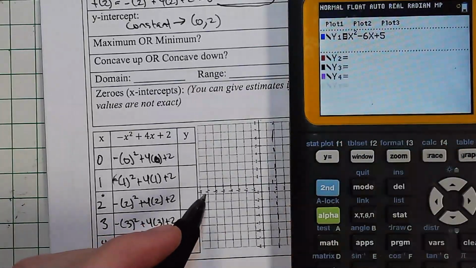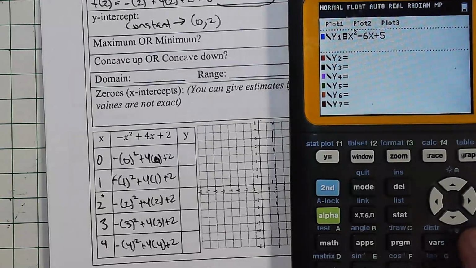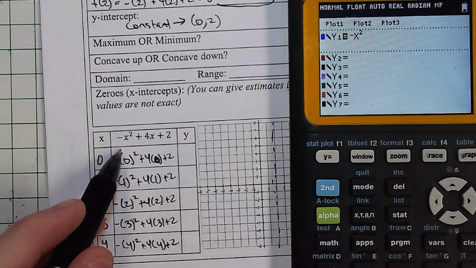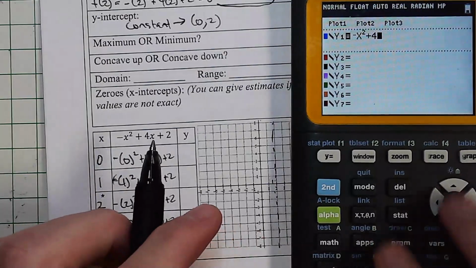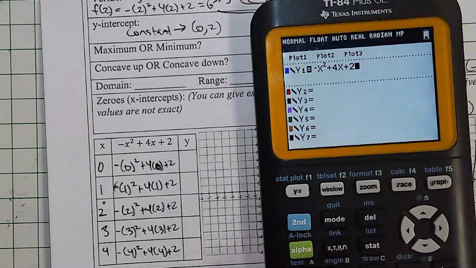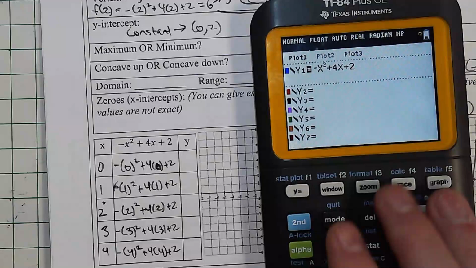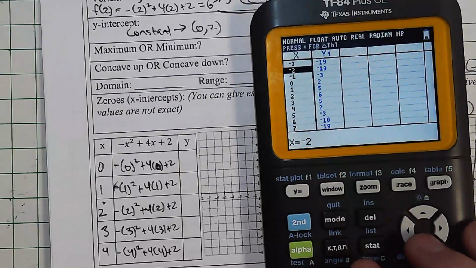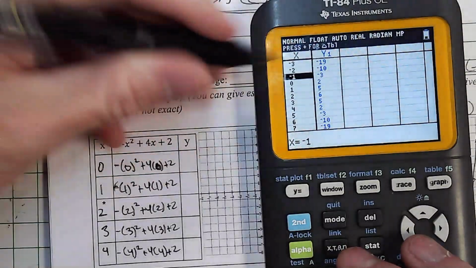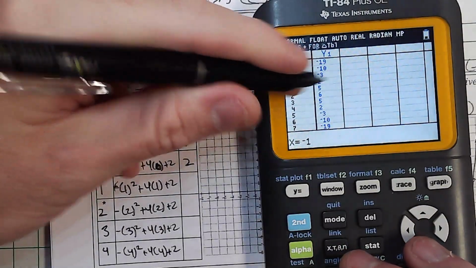If I press y equals and I type this function in there, negative x squared plus 4x plus 2, that's pressing y equals. And then I press second graph. Second graph will give me those. So like if x is 0, y is 2. If x is 1, y is 5.